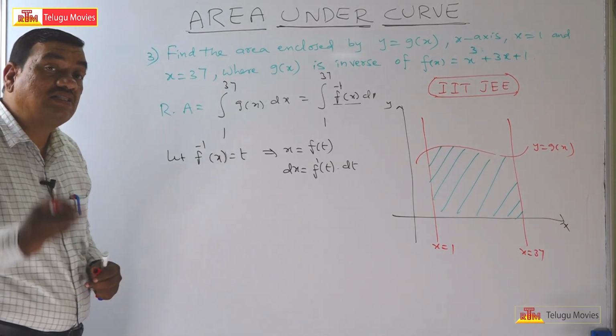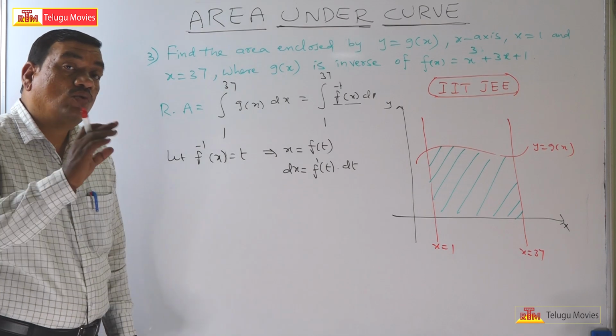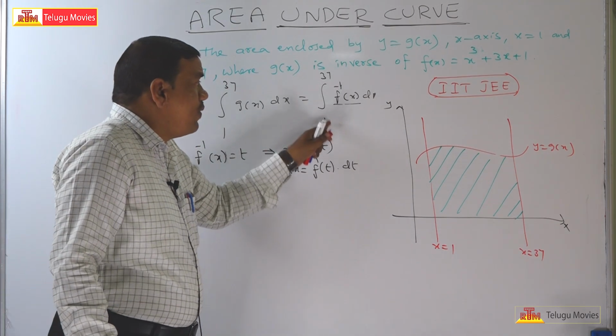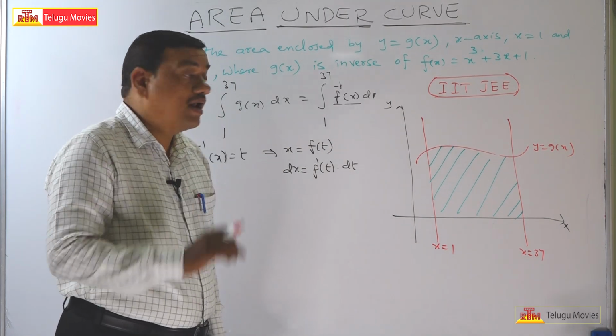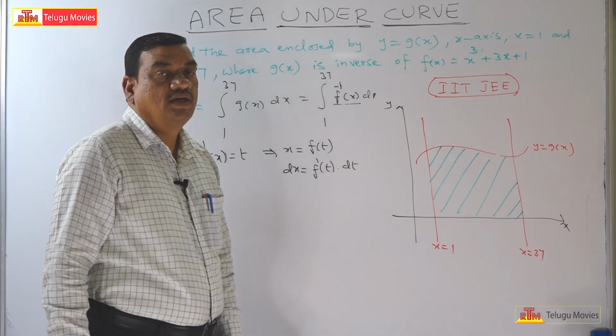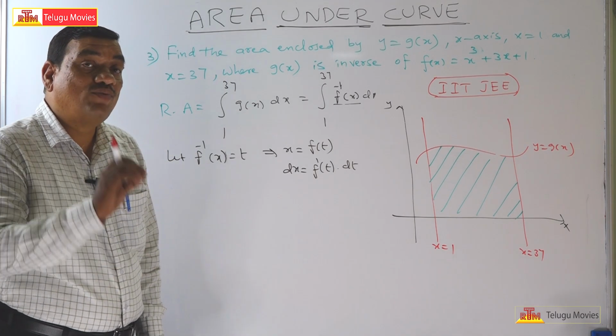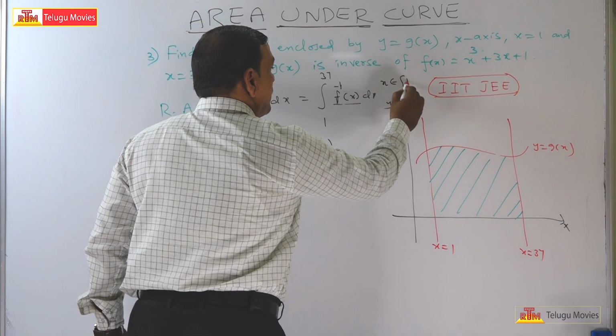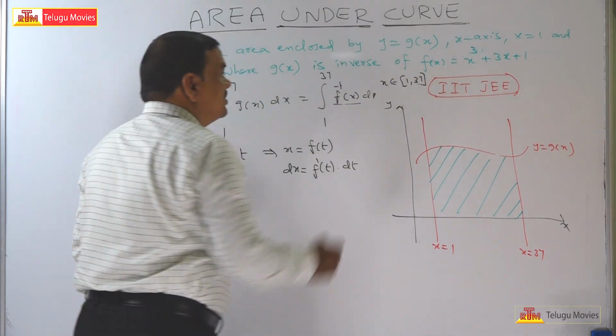Now, whenever substitution takes place, we have to change the limits also. This lower bound and upper bound are meant for x. So x is called the variable of integration and x belongs to the closed interval 1 to 37. That is the domain.